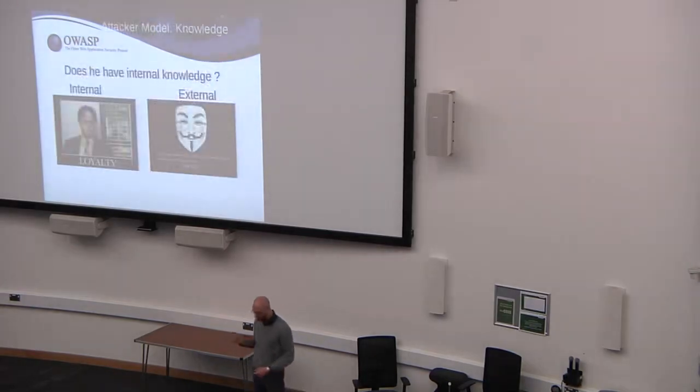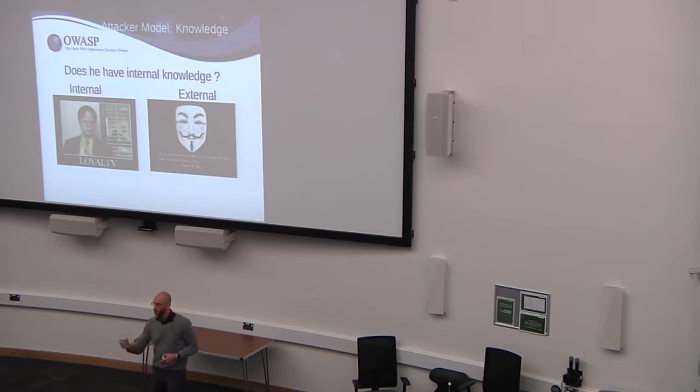So the first attribute of the attacker is what kind of knowledge he has. Here I call it internal or external, but I mean the knowledge he has about the target services. For instance, the internal attacker could be an ex-employee who actually knows what he wants to get. So he knows exactly where the roadmaps or the plans are, what he wants to steal in the internal network.